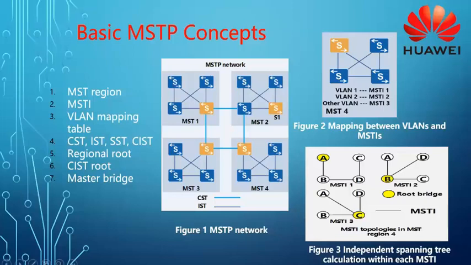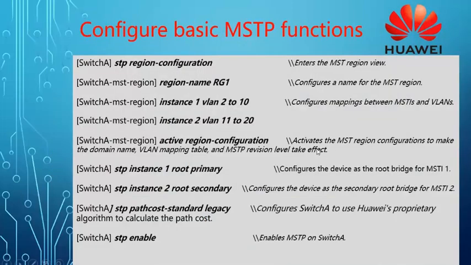And so on and so on. Every instance is mapped to the VLANs which you create. This is the command to activate the region configuration, because here we create the instance of MSTP in the STP region configuration.